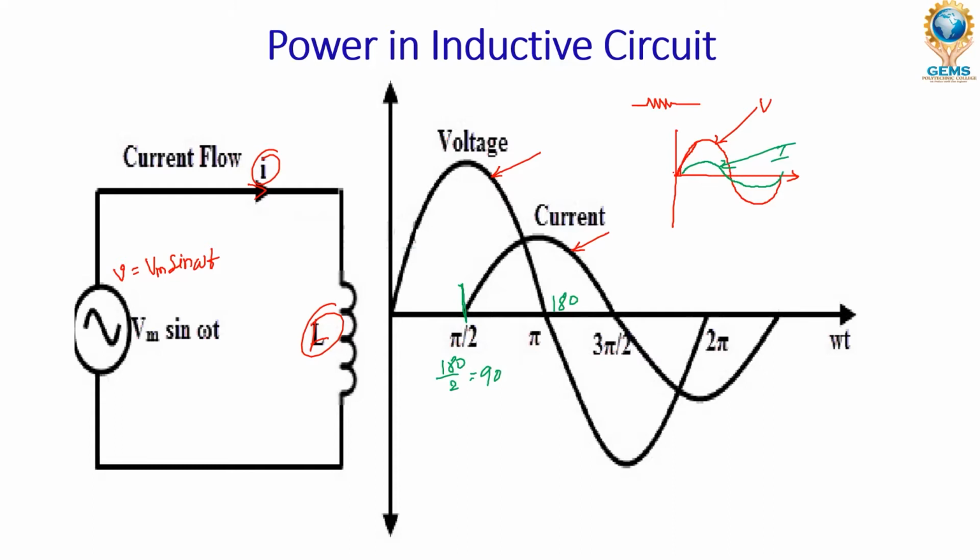When the voltage is going like this, current is going to come here. This is the current. In case of resistive network, when voltage is going like this, the current will be going like this. In case of inductive circuits, when voltage is going like this, the current will be lagging.